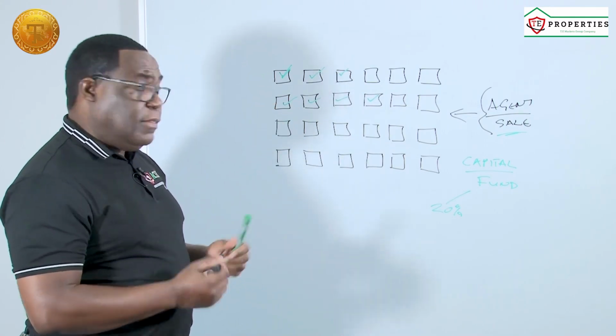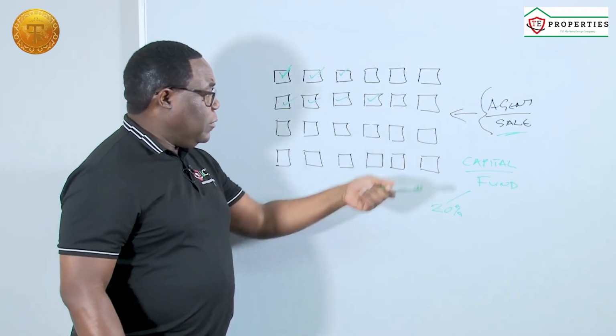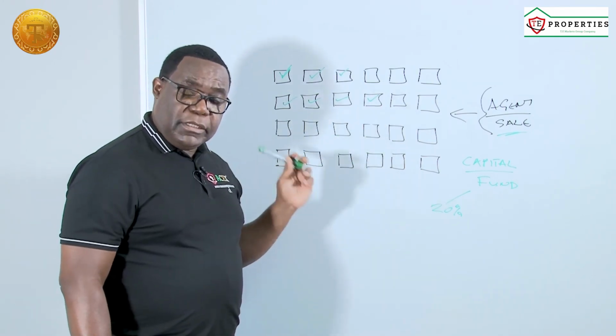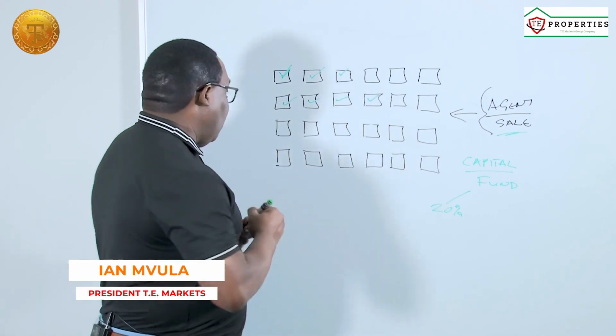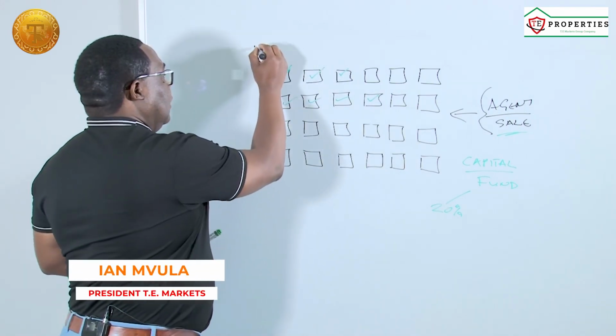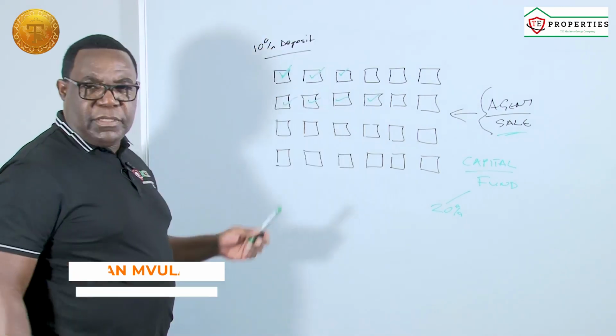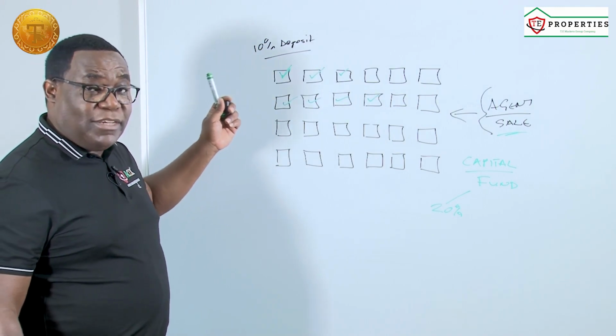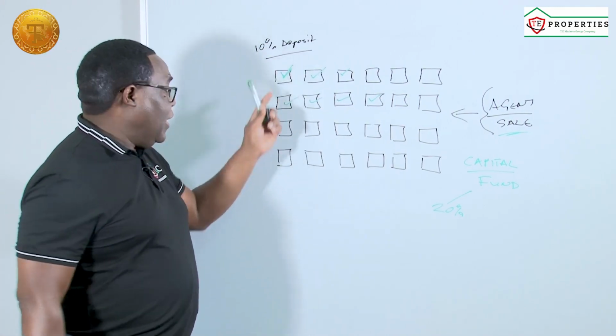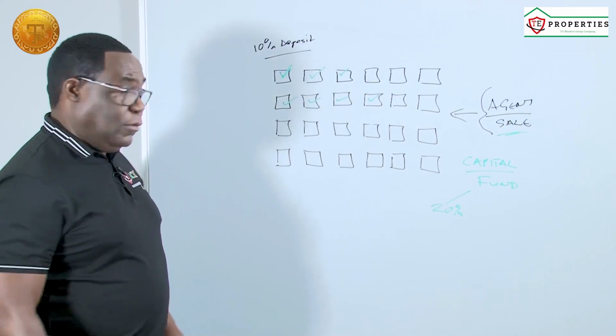Now, you see, the developer, when they put out a project and they're selling off plan, usually they'll ask for a 10% deposit. Sometimes it's 5% in some jurisdictions. In some jurisdictions, actually, far lower than that. But anyway, 10%, all right?